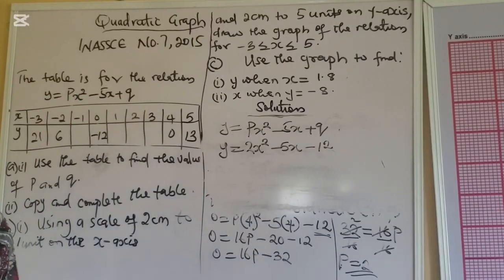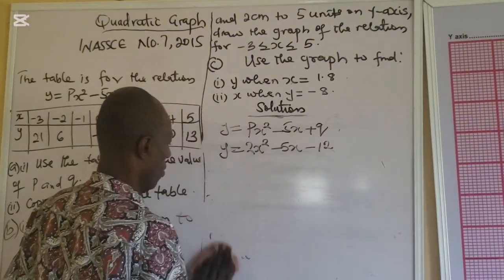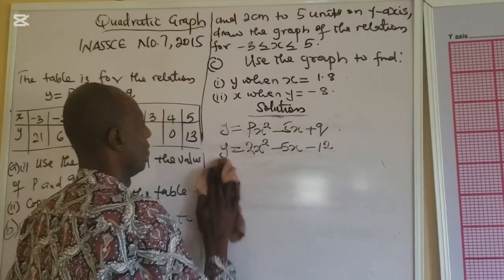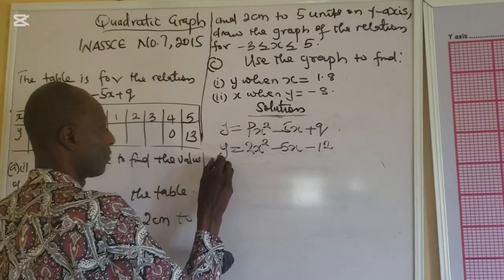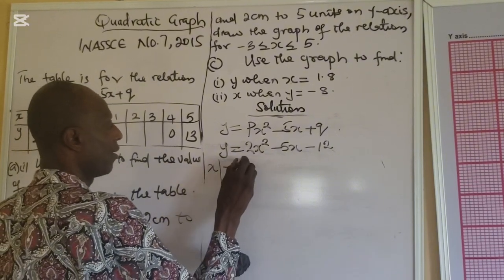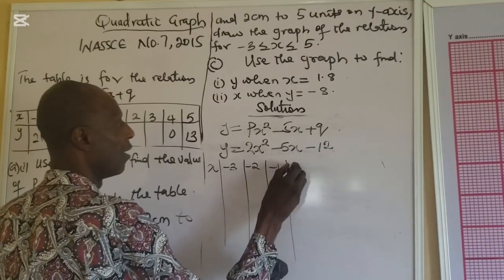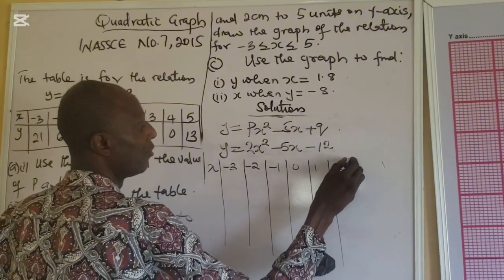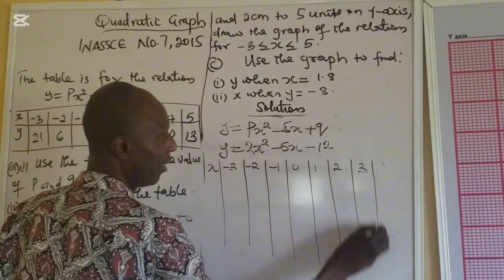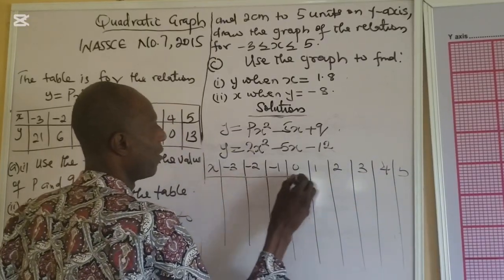So with this one, we can now plot the table of value. So let us now plot the table of value for the graph. It says x: minus 3, minus 2, minus 1, 0, 1, 2, 3, 4 and 5.